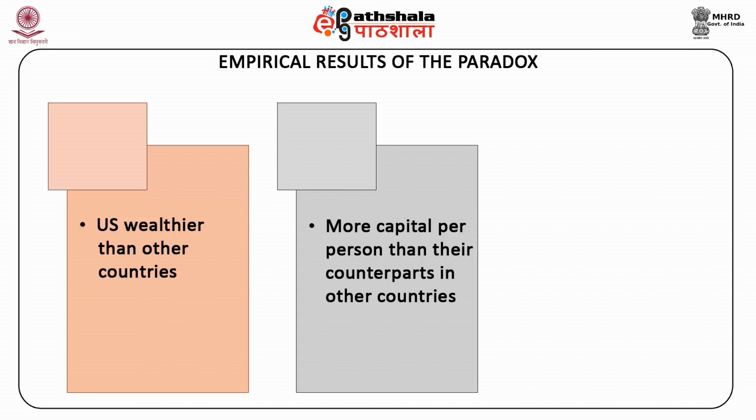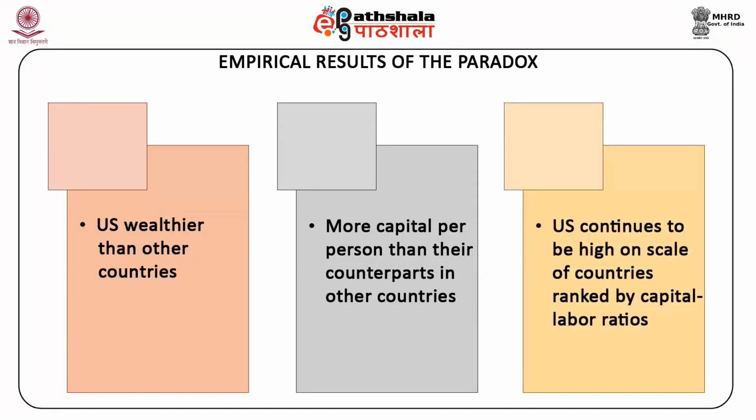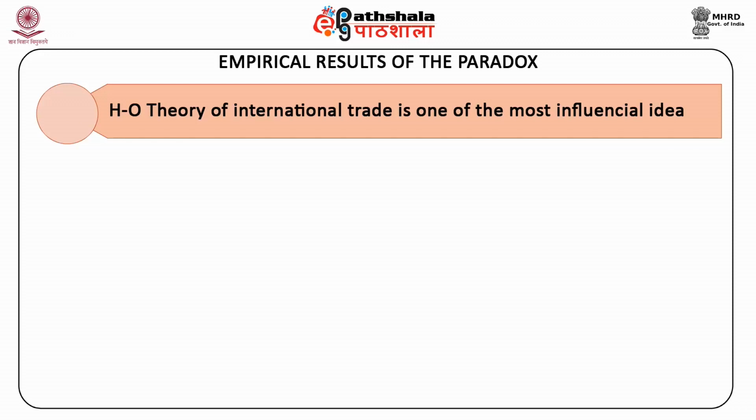Even now, although some Western European countries and Japan have caught up, the US continues to be high on the scale of countries as ranked by the capital labor ratios. The HO theory of international trade is one of the most influential ideas in international economics. Therefore, it has been a subject matter of extensive empirical testing. The most important empirical testing was done by Leontief on US data.